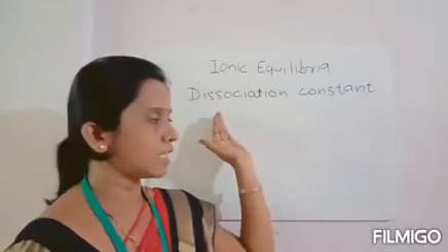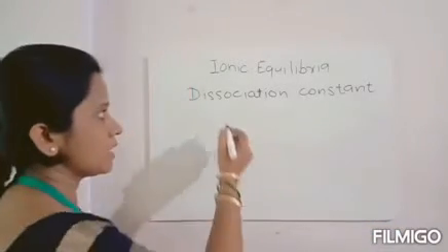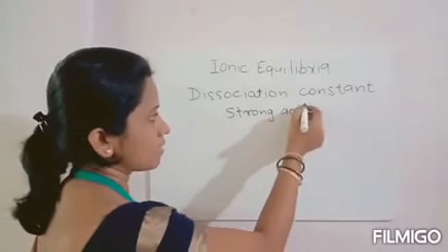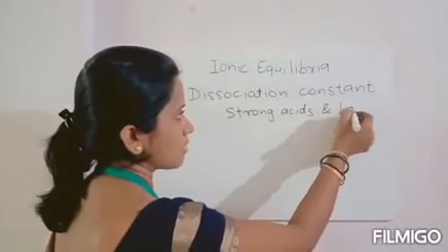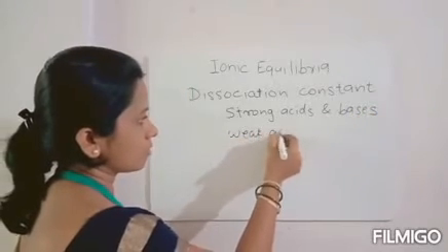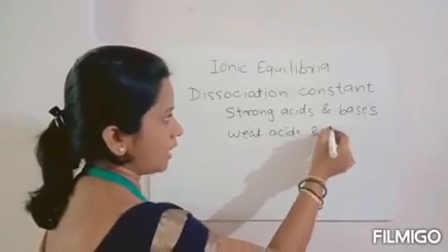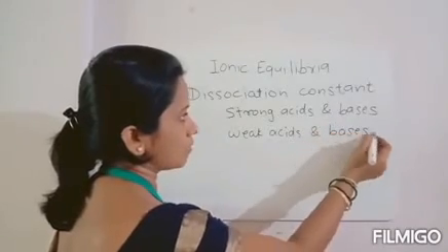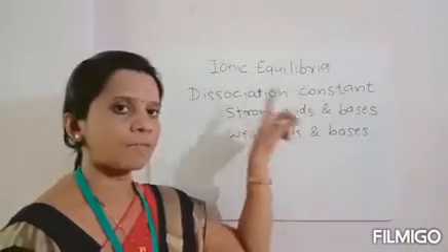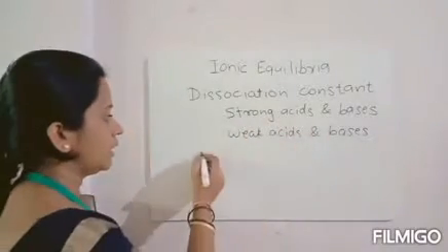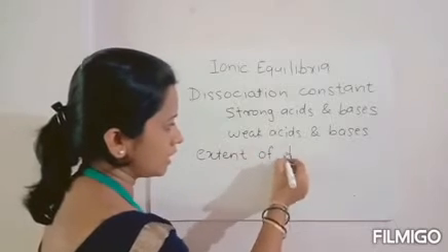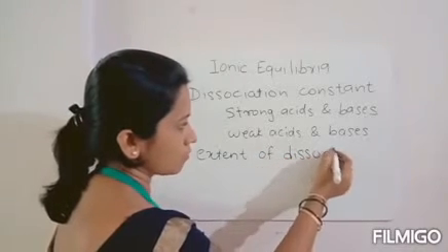What I said? There are two types: strong acids and bases and weak acids and bases. And this classification is based on the extent of dissociation.